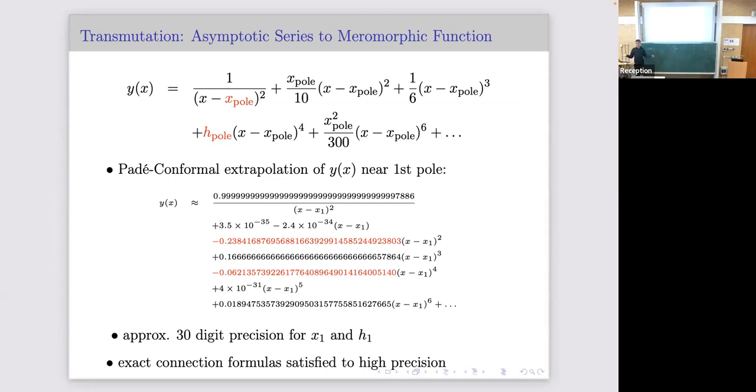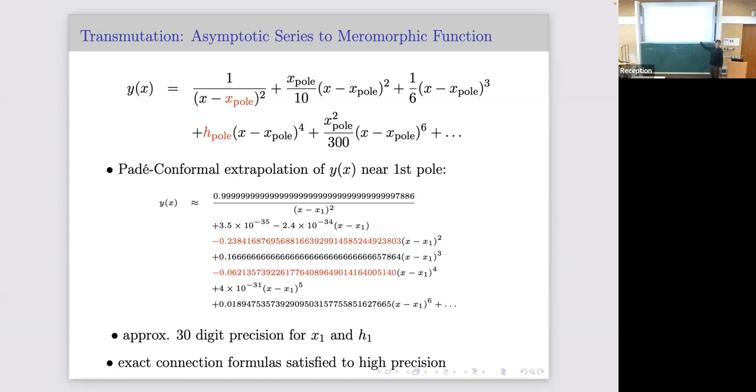And do the procedure: map into the disk, re-expand, and map back to the original. Two lines of, I can't even call it code. Very, very simple. That enables you to go very close to the origin and even beyond the origin. You now have a Borel representation of the function.